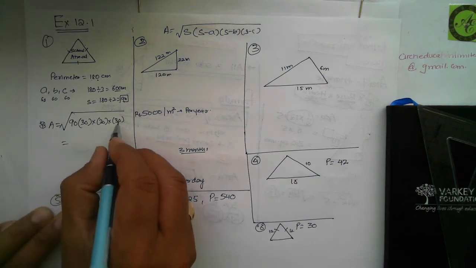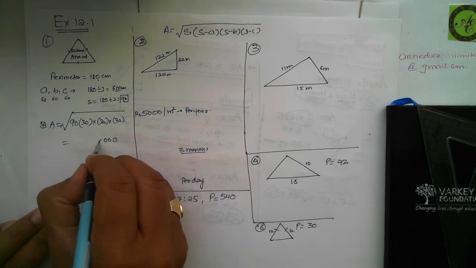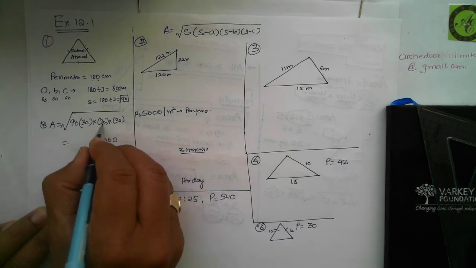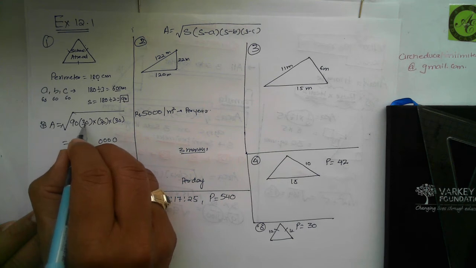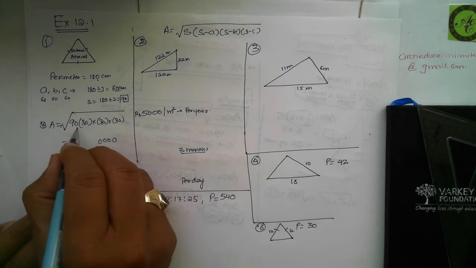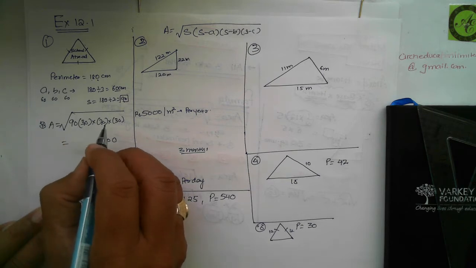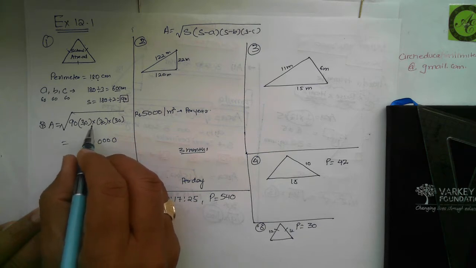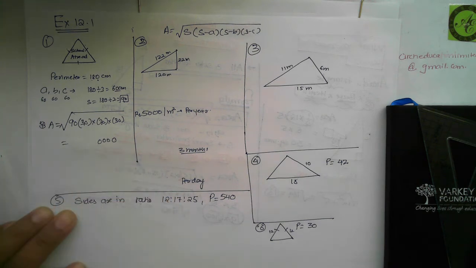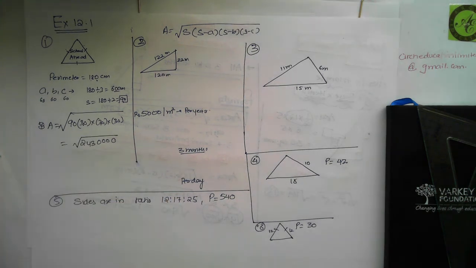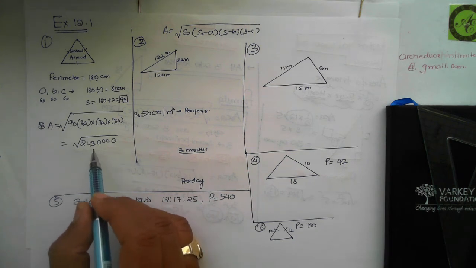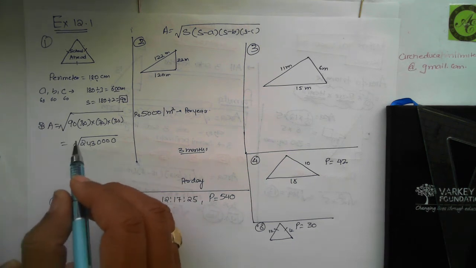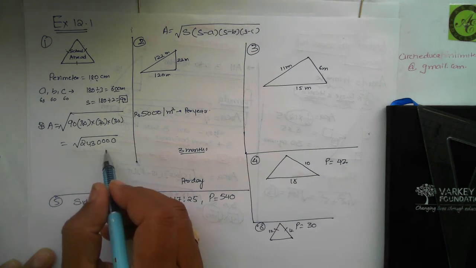Okay, so how many zeros? 1 2 3 4, 1 2 3 4, and 3 and 3 is 9, 9 and 3 is 27, and 9 is going to be some number there. You work it out. You need to find the square root of this number, and that will be the area. I'll leave that to you. If you cannot find the square root, I will do another session to work out the square root.